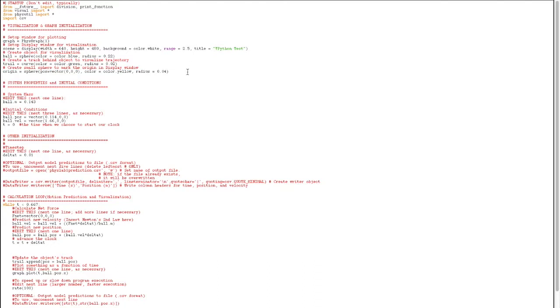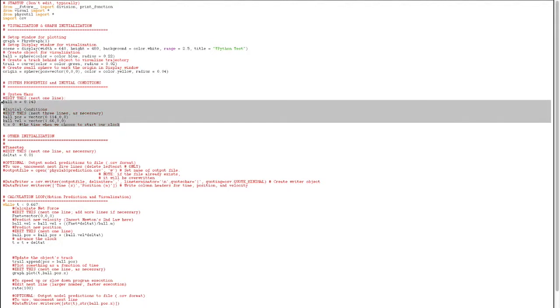Now we are going to predict a ball's motion at constant velocity using a Python code. And we are using some of the initial values we had from before in our tracker video. And here are those values. The ball's mass is 0.143 kilograms. Here's the ball's initial position vector, 0.114 meters in the positive x direction.